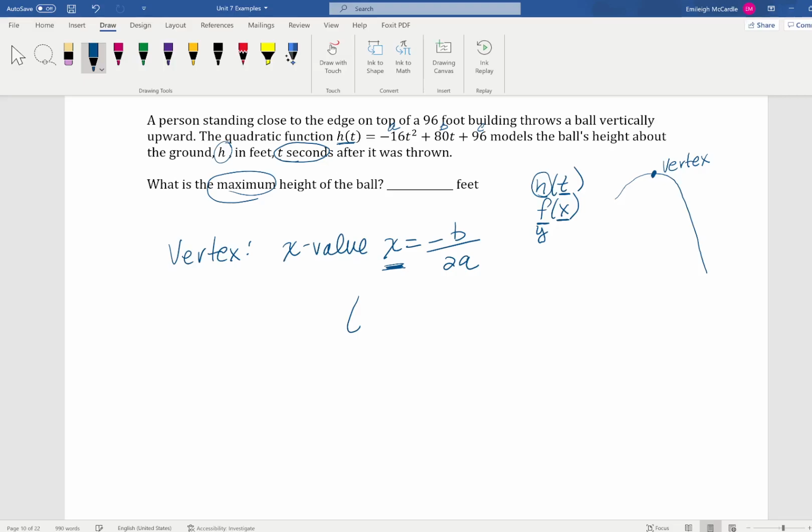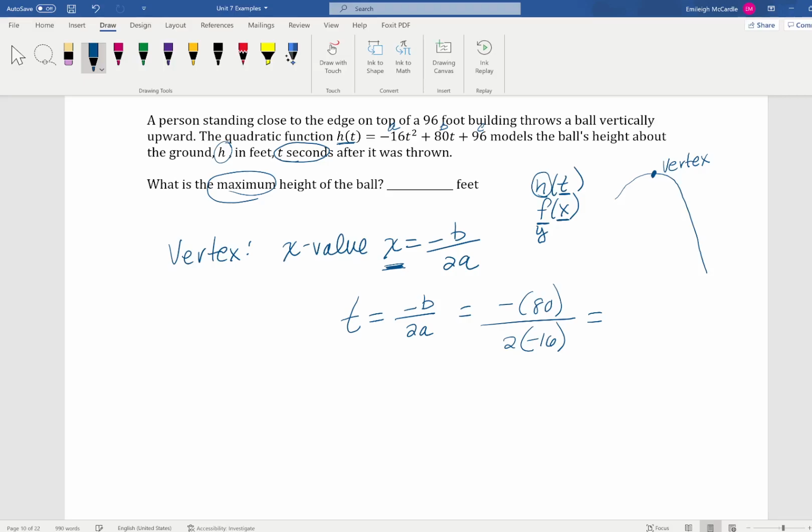So here we have minus b, and again, b is 80 in this problem, over 2 times a is negative 16. So if we compute that, we have negative 80 divided by 2 times negative 16. That's going to give us 2.5.